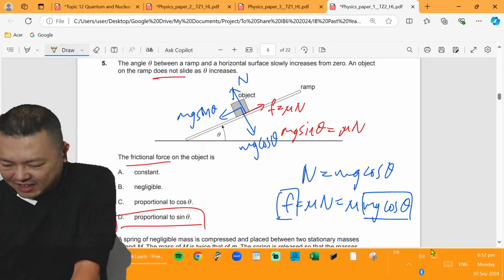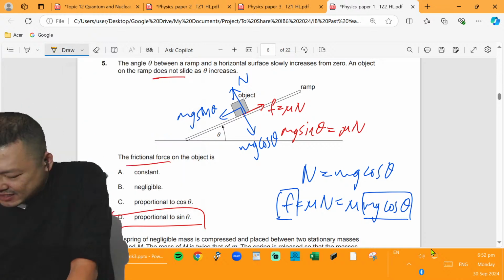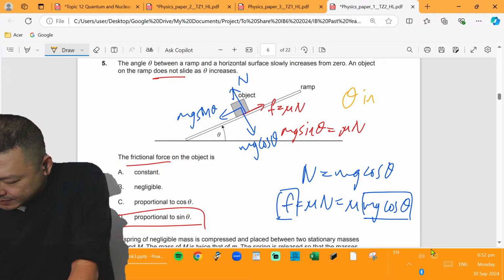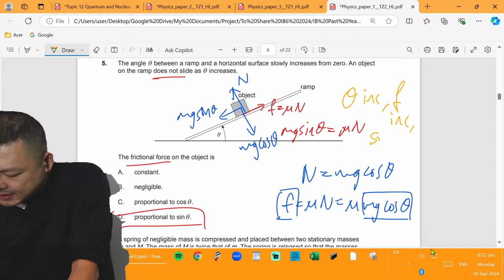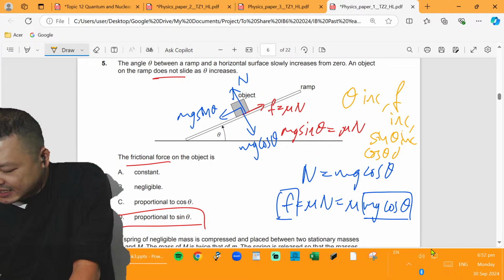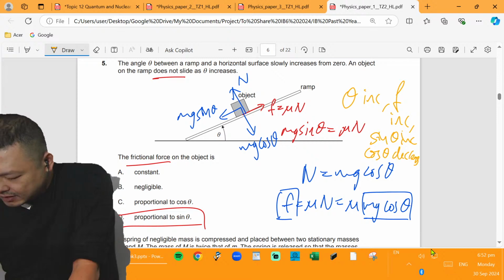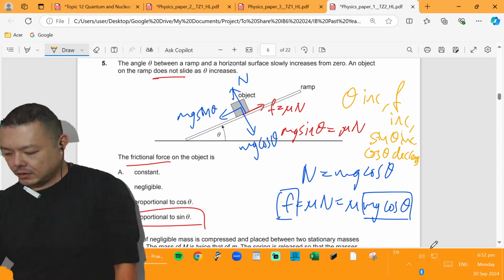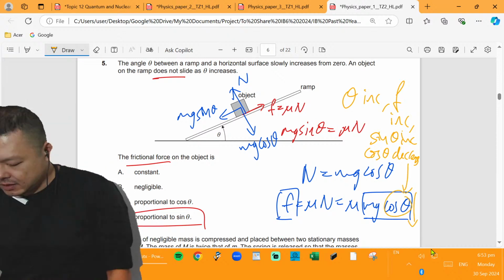Yeah, right. So as theta increases, f increases as well, right? Sine theta increases, but then cosine theta decreases. Yeah, wow. So this one here will decrease, or this one here increases.